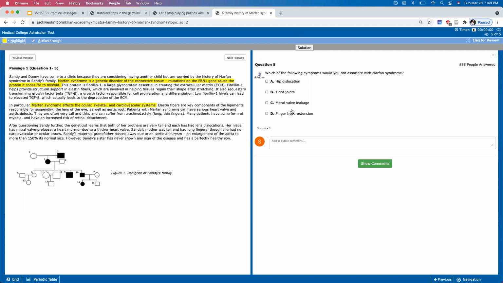So I feel like the only thing that would fit is the tight joints, which would not be affected. Does that make sense? Because the joints are likely to dislocate, and you can definitely have mitral valve leakage with the cardiovascular system. And then we talked about the fingers being tall and long.